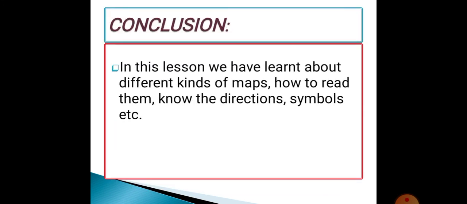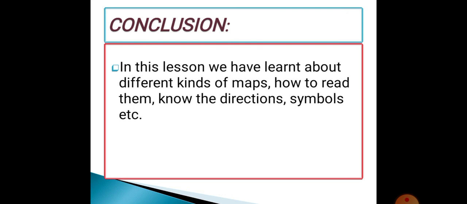So what did we learn exactly? In this lesson, in this part 1, the first class, we have learned about different kinds of maps, that they can help us know our locations or other locations which we need. There are also symbols, and maps show directions to go from one place to another.